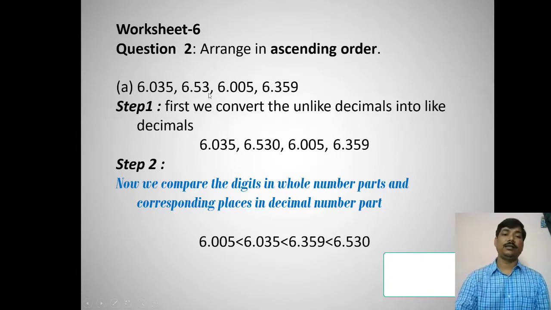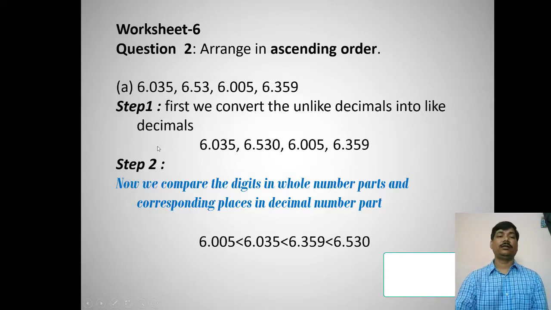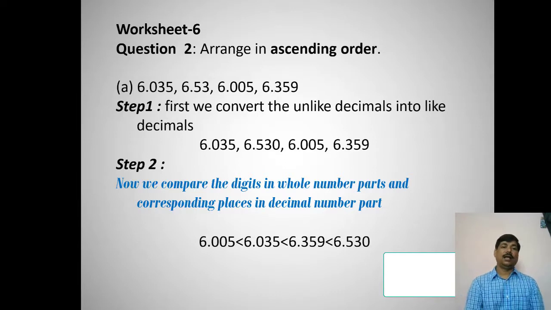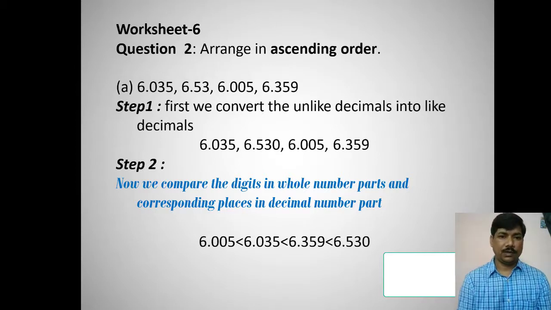We have to arrange them in ascending order. How can we write in ascending order? You have to convert these unlike decimals into like decimals. These are the unlike decimals.